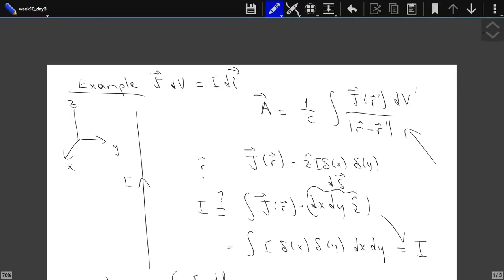The thing you have to pay attention to is to use the Cartesian coordinates to evaluate the vector potential.